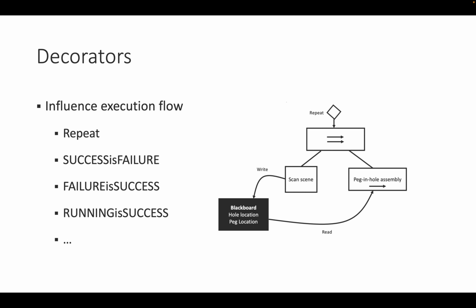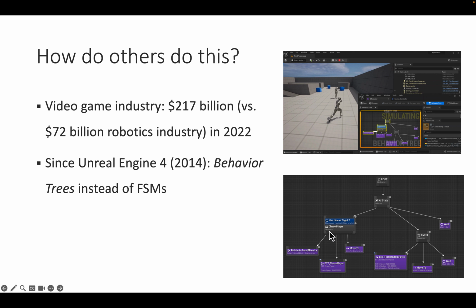Now we can go back and look at the Unreal Engine, and in this case you will see that the first node here is actually a selector. It checks whether you have line of sight. If this fails, it will go and execute the patrol sequence. Otherwise it will go and chase the player and run the sequence down below here.